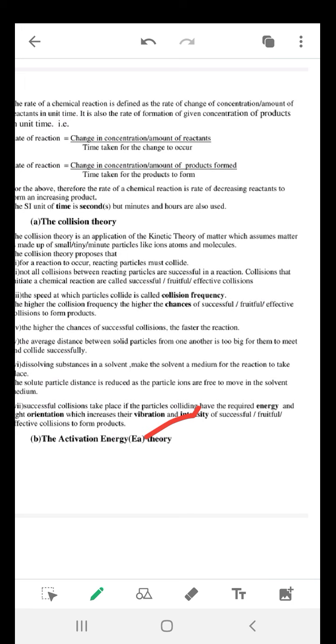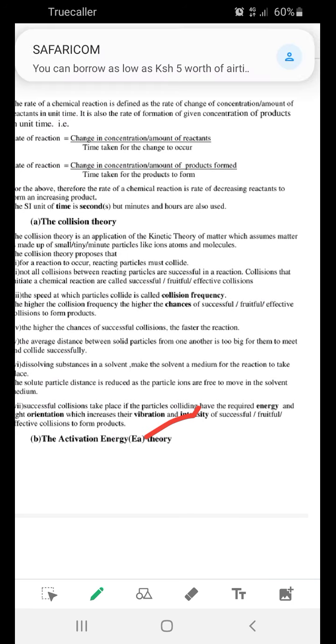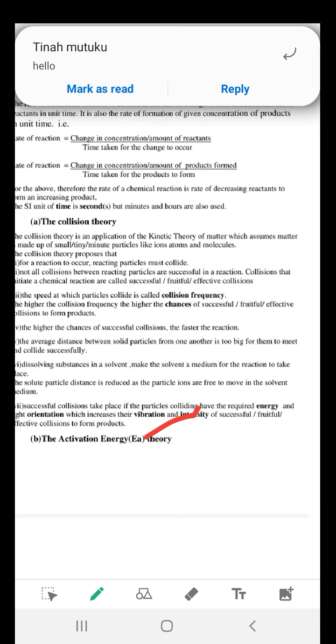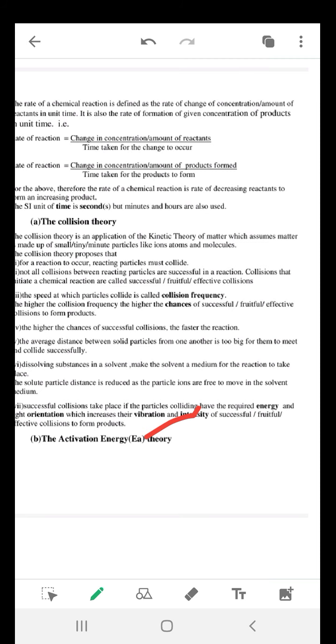So not all collisions are successful collisions. The successful collisions are those that initiate a chemical reaction.